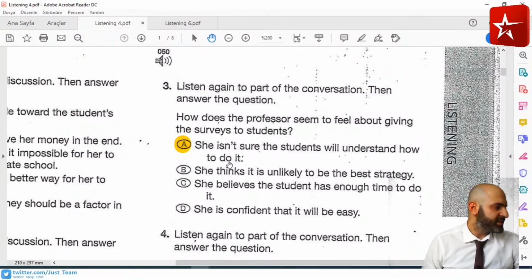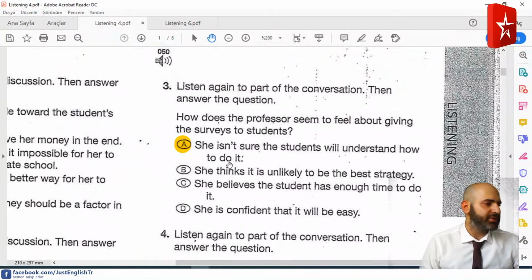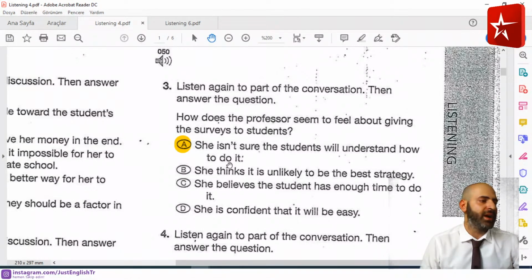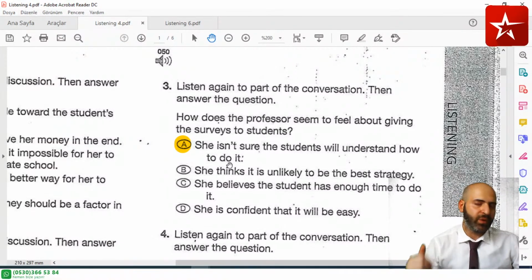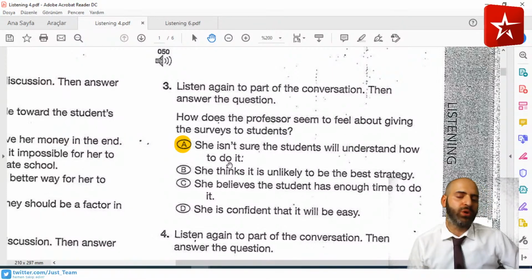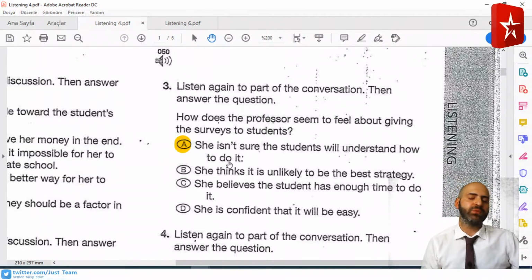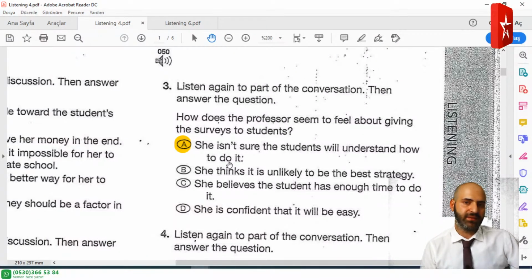Ece says, I did not get it, but she did not say anything about how it will be held. Sure, I will try to explain again. Answer A is correct because the professor says getting 50 students to answer the question was not a breeze. When she was talking about past students, not a breeze means it was not easy.